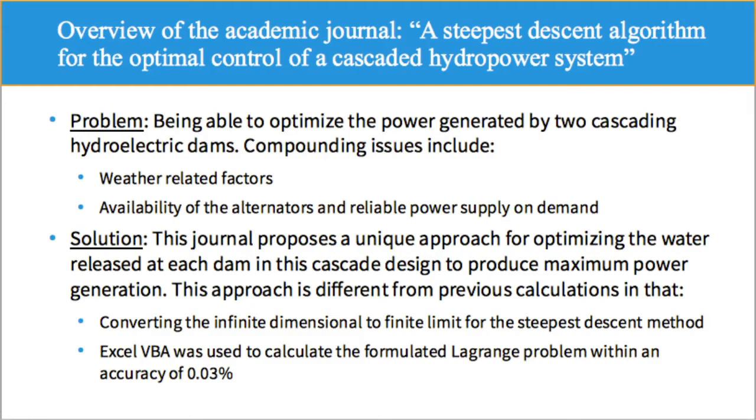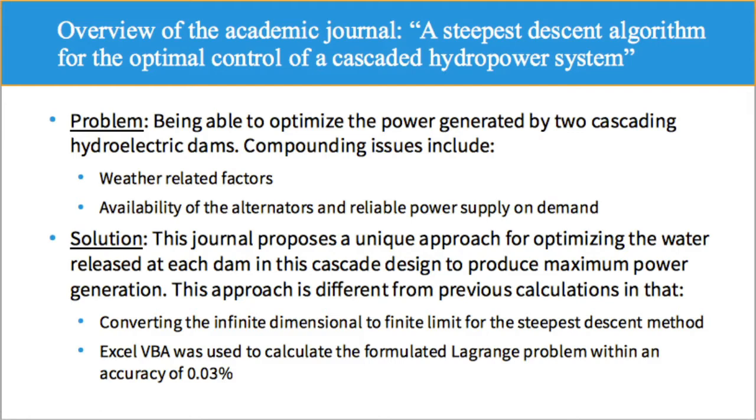And the issue is that this team of computer engineers and electrical engineers want to optimize the power generated by these two hydroelectric dams. Some of the factors that cause issues are weather-related factors. Heavy rains or no rains can cause power reliability to be hampered.